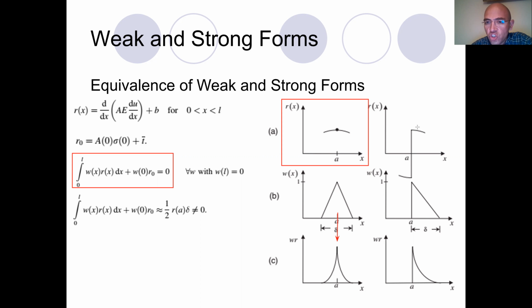Okay, so there is a sudden jump, a negative value and a positive value in the vicinity of A. Now this is my weight function. I can choose an arbitrary weight function. In fact, this will result in a non-zero value of the weight multiplied by the residue.